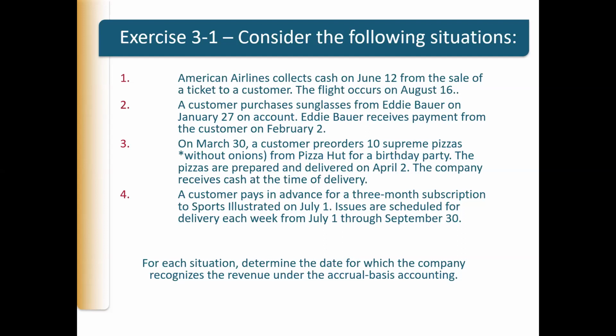Then on August 16th, they would debit the deferred revenue and credit sales revenue or airline revenue. Because even though they got the cash on June 12th, the service was not provided until August 16th. Way to go, Mr. Stephen X.